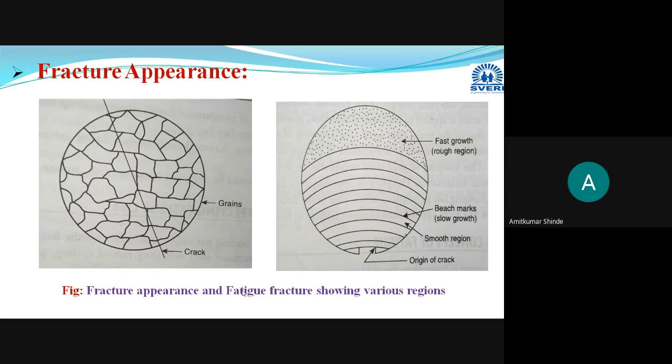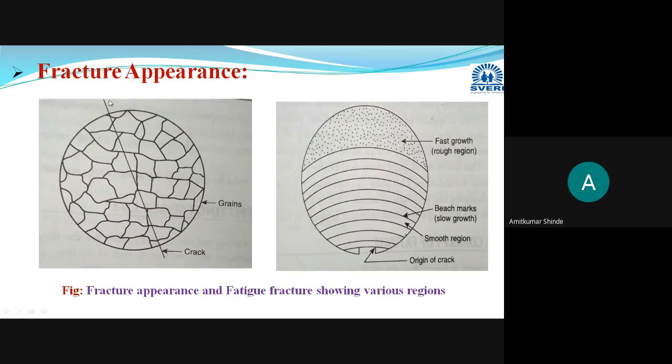During this fatigue testing, this kind of fracture will occur. You can see clearly here, whichever fracture or crack is there, it is through the grains. This type of fracture is termed transcrystalline or transgranular.